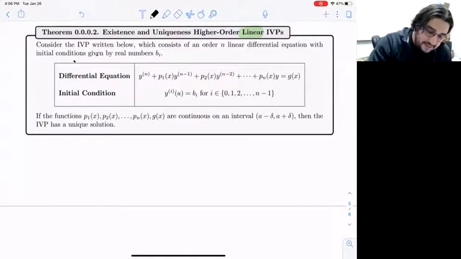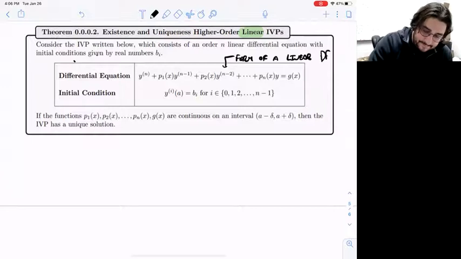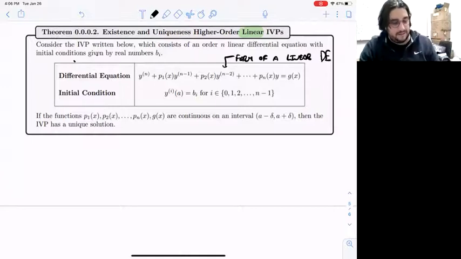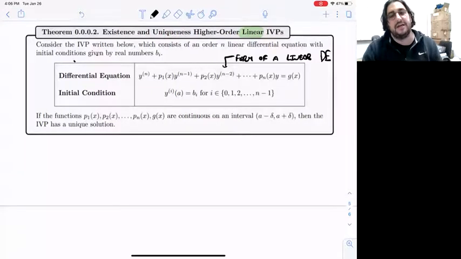This form specified here, this is the form of a linear DE, right? And basically what we're saying is we need those coefficients. So your coefficients are all functions of x, p1 of x, p2 of x, up to pn of x.